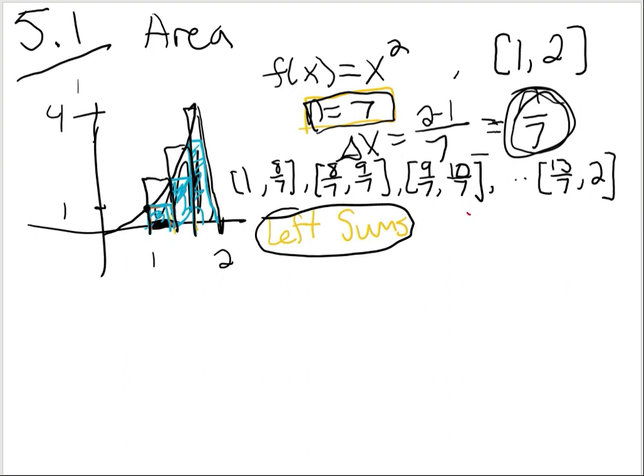So then we could find what is L7. Well, L7 is going to be, we still have the width, 1/7, but then it's f of 1 plus 1/7.